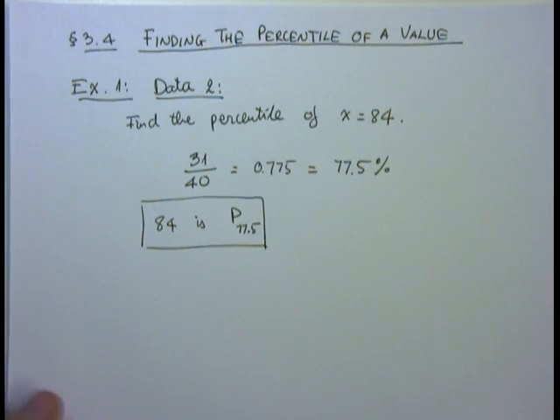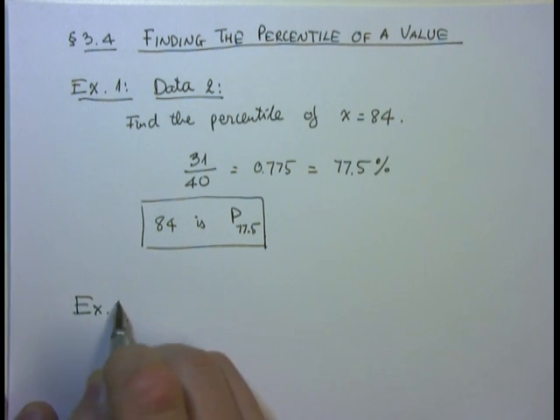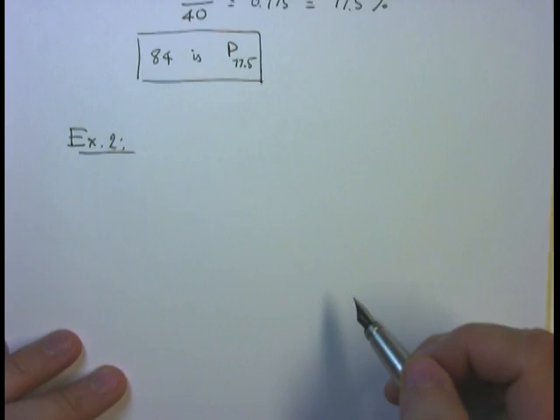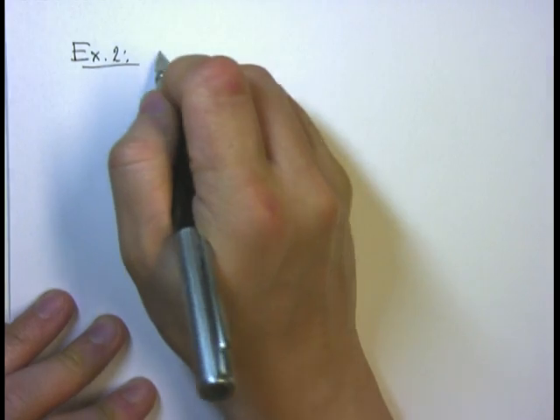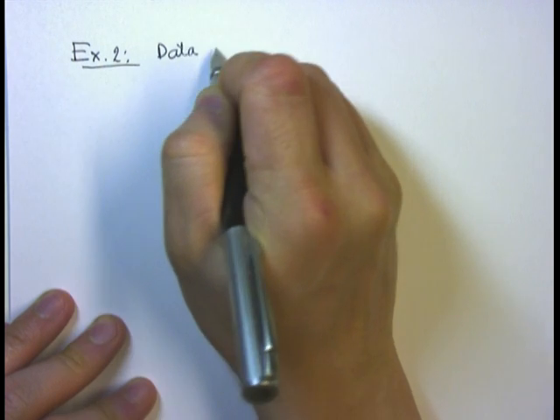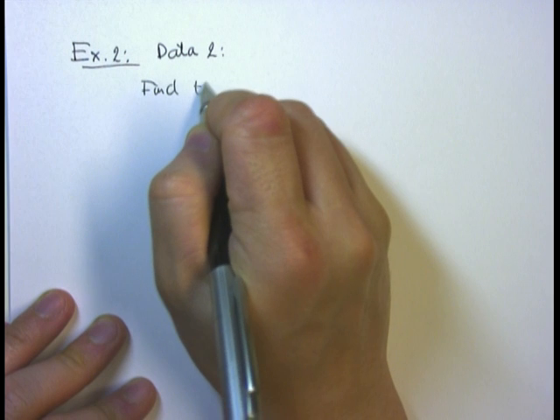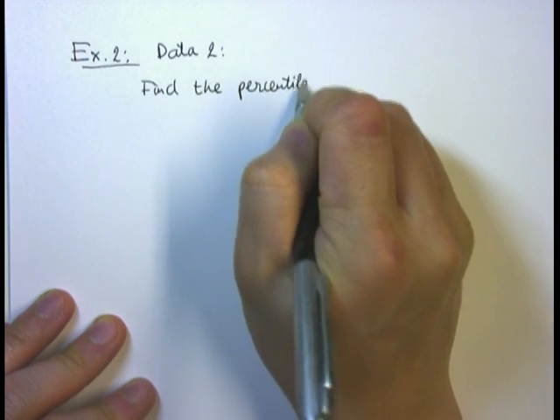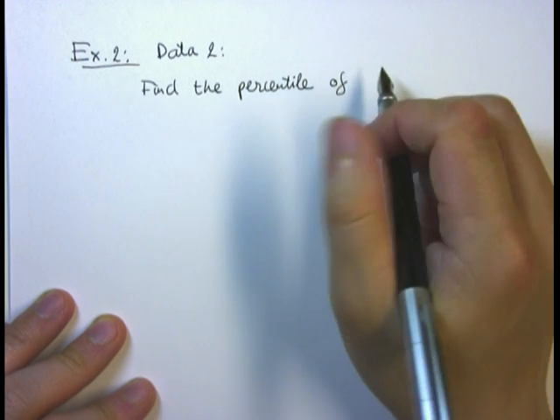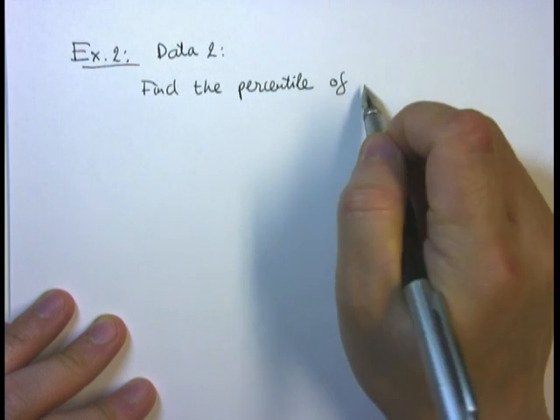So to give you one more example to get yourself more comfortable with this type of problem, how about this time when you look at example number 2, still on data set 2. We want to find the percentile of 60.